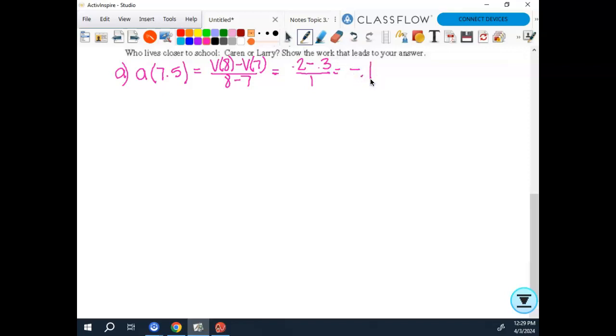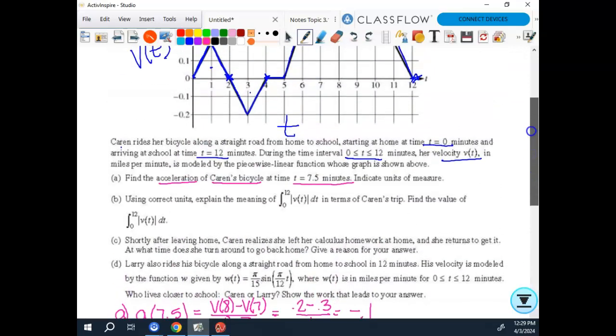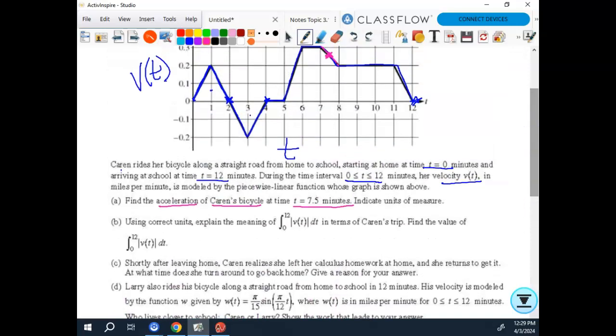I didn't even need the calculator, even though it was a calculator problem, but it's not a bad idea to use it on stuff like that so you don't do something really weird. But of course, we could have left it like that as well. All right, but then I need units. It says velocity in miles per minute, and these are minutes, right?